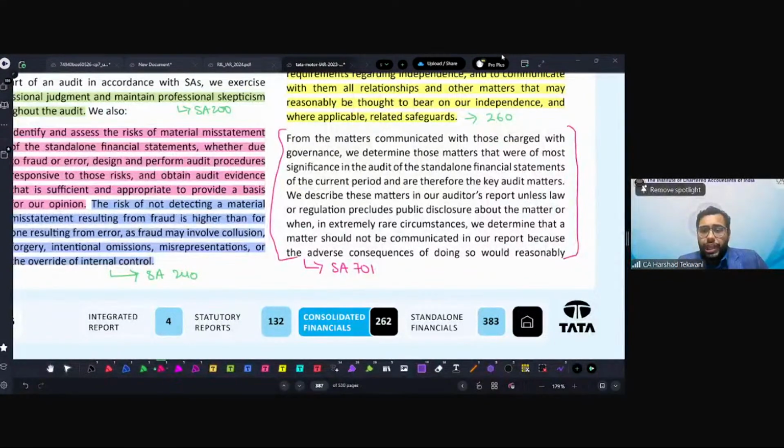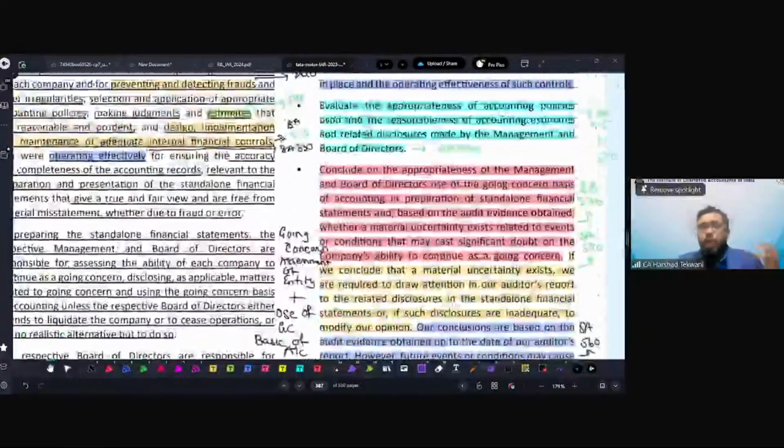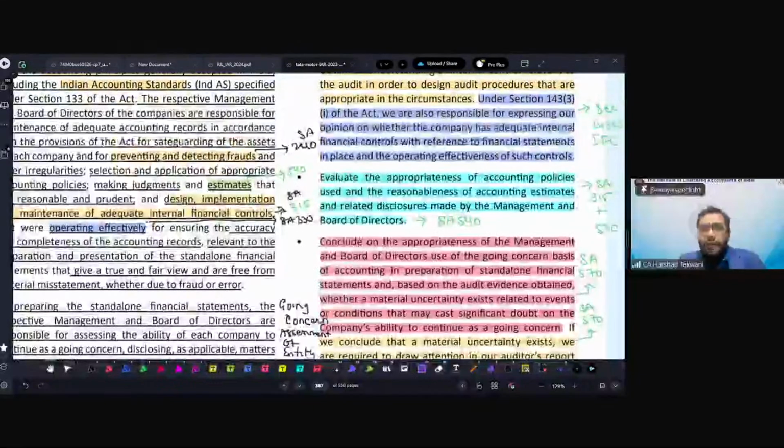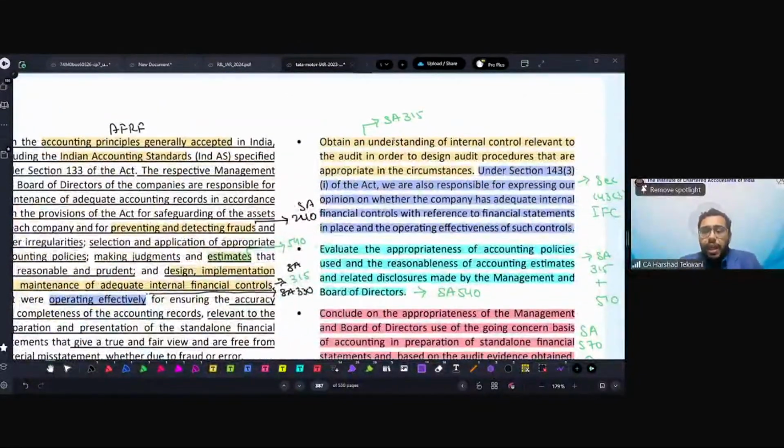Okay. So this was your auditor's responsibility section. Now tell me, is there something that we have not studied or gone through till now? It is everything that we have discussed till now, a combination of everything at one particular place.